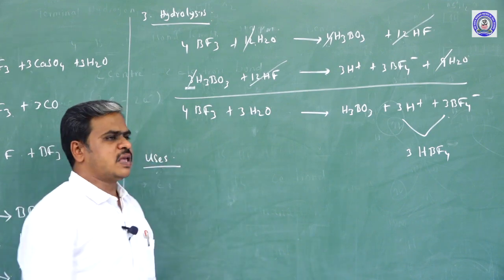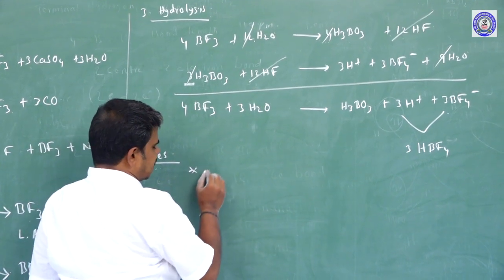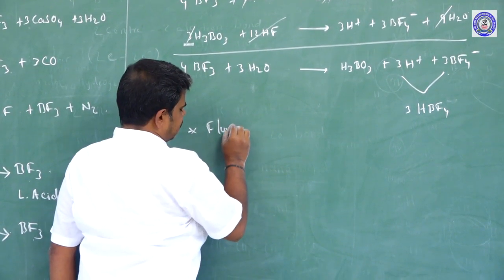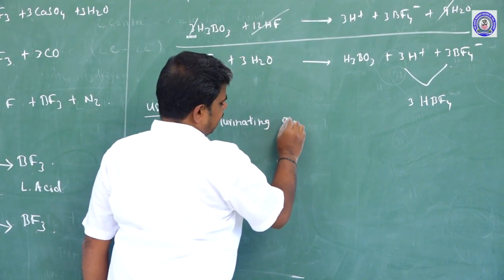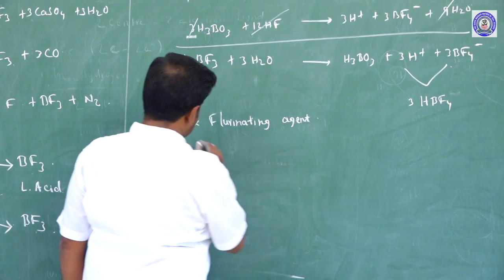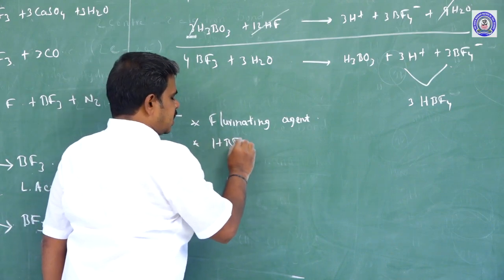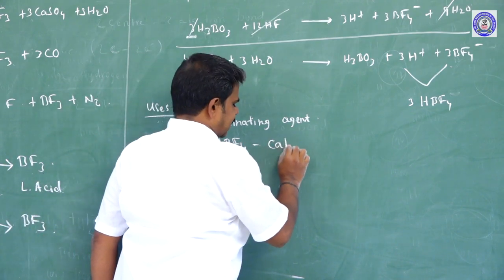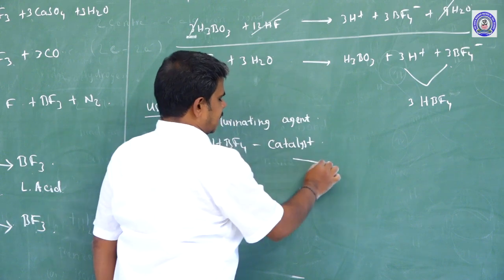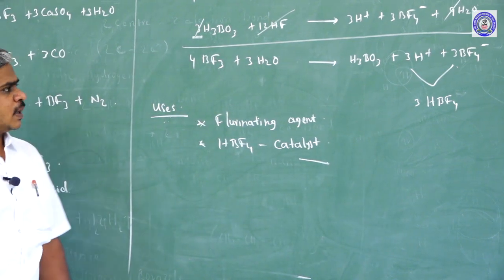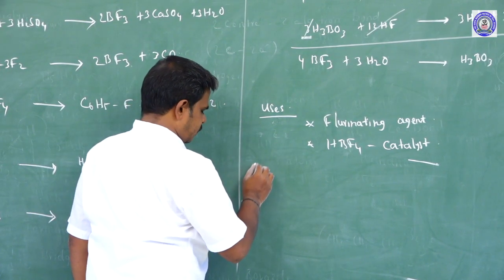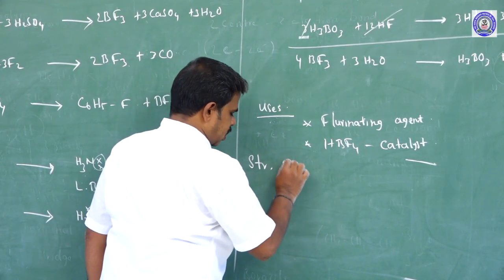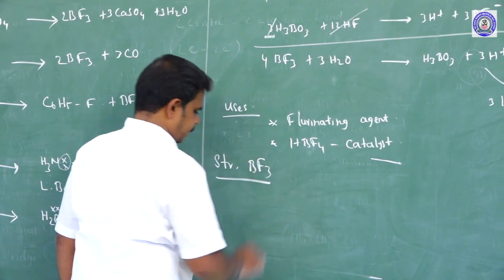Now we take the uses of BF3. The first one is that it is the best fluorinating agent, and HBF4 is used as a catalyst. And the next one, we take the structure of BF3.